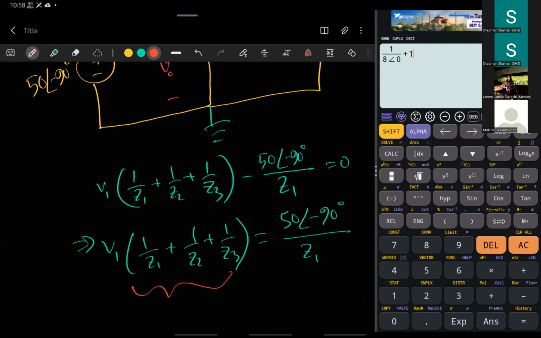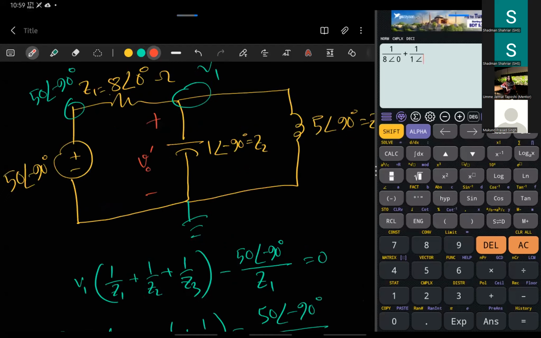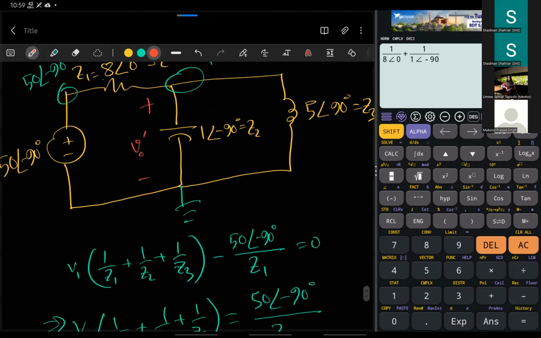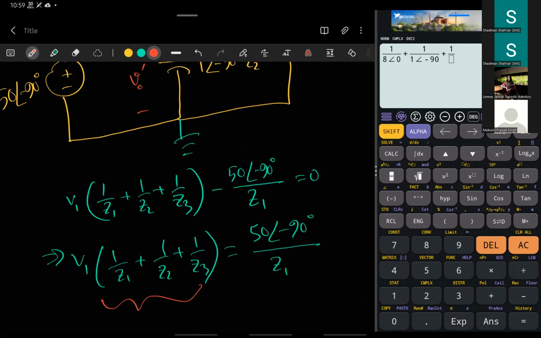And finally, we have 1 divided by Z3, which is 5 angle 90 degree. So you get some value here.